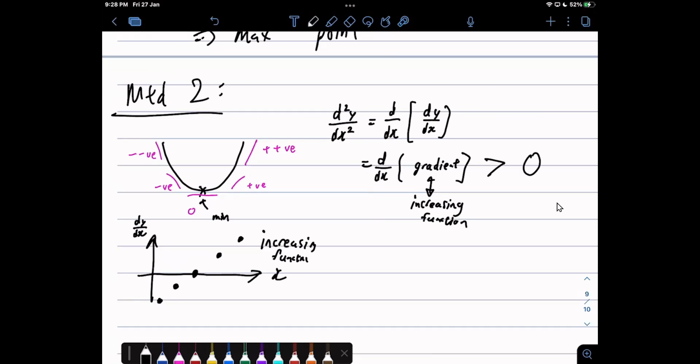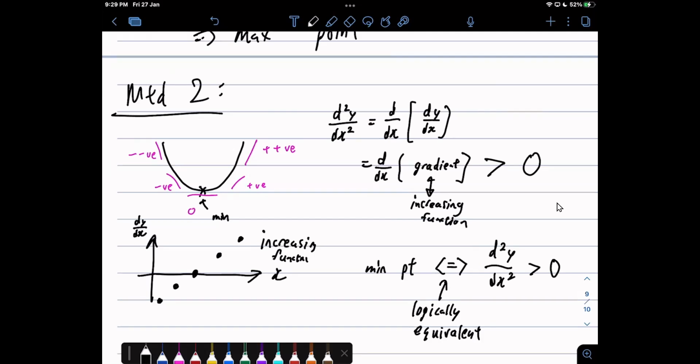More than 0. So straight away, the conclusion is: minimum point if and only if d2y by dx squared is more than 0. This is a mathematical logic symbol. You don't need to care about it. Just know that it means logically equivalent to.